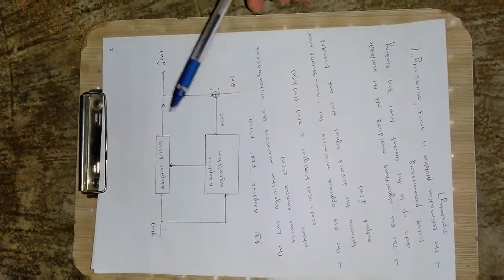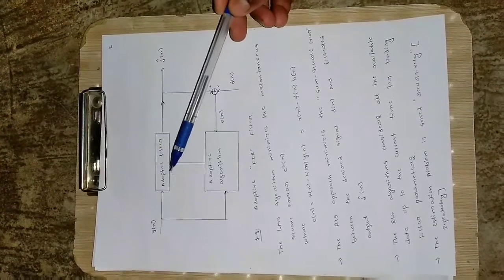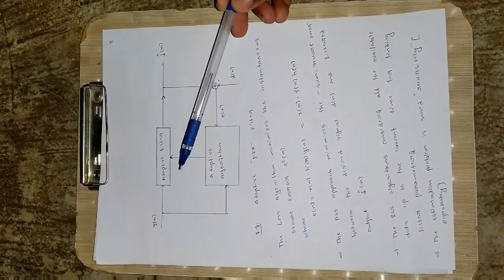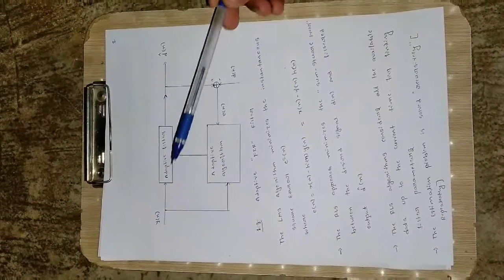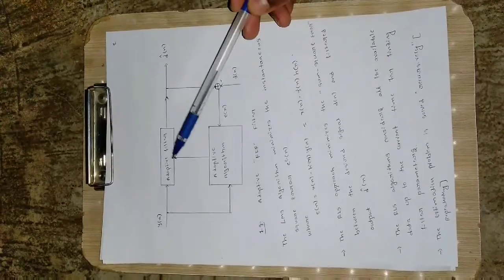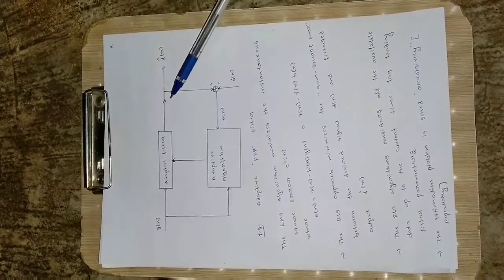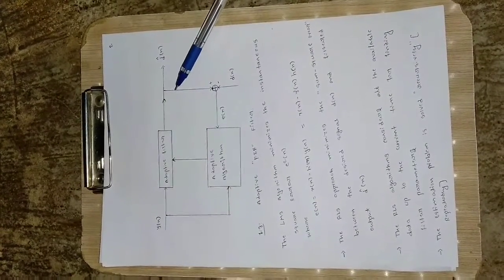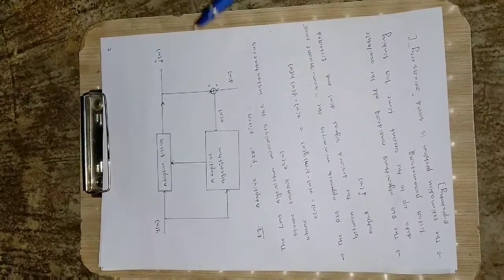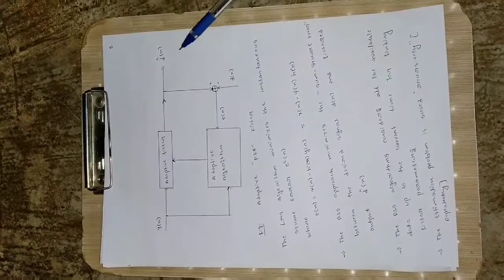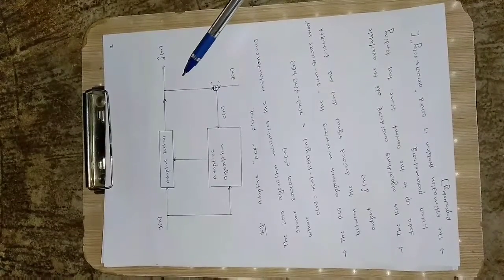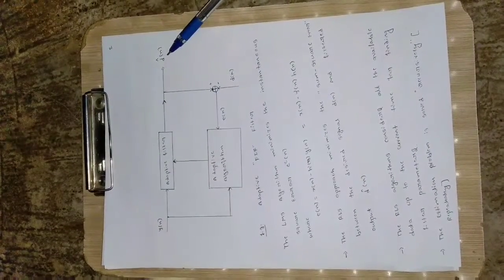It contains the input signal y of n, that is the signal which has traveled through the environment, and it contains the noise here. It is passed through the adaptive filter, and then we get the estimate of the expected signal. Here we have an expected signal denoted by d of n, and the signal which is coming from the adaptive filter here, that is d hat of n.